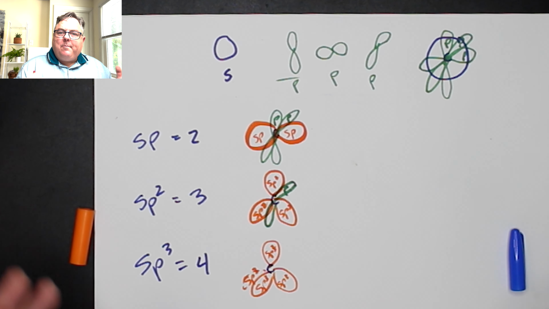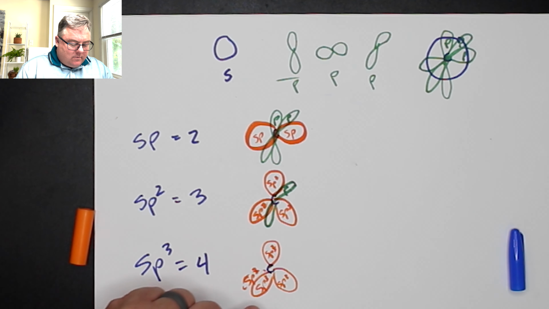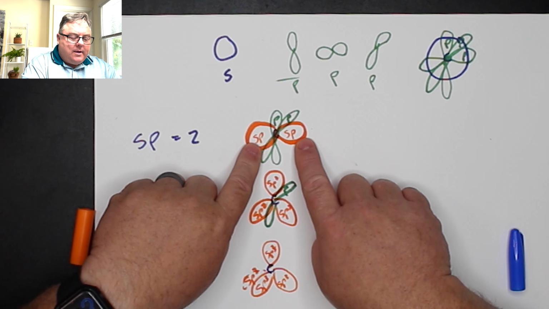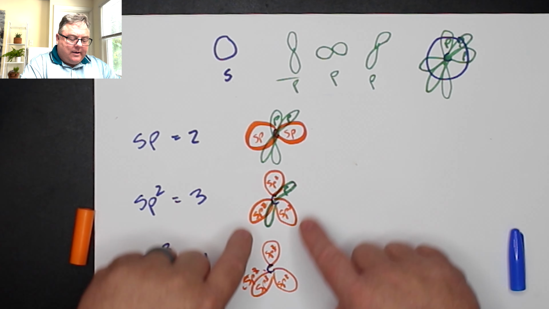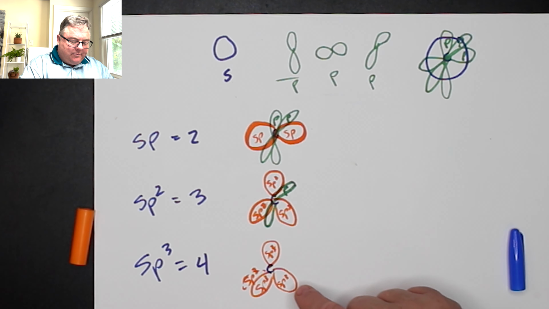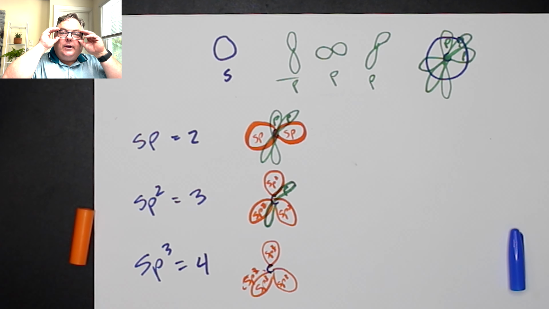I've used them all up, mixing them or hybridizing them into my 4 lobes. So if I need 2 things on my carbon atom, I'm going to mix as sp. If I need 3 things, 3 atoms or lone pairs, we'll mix it as sp2. And if I have 4 atoms or lone pairs, I'll mix it as sp3.